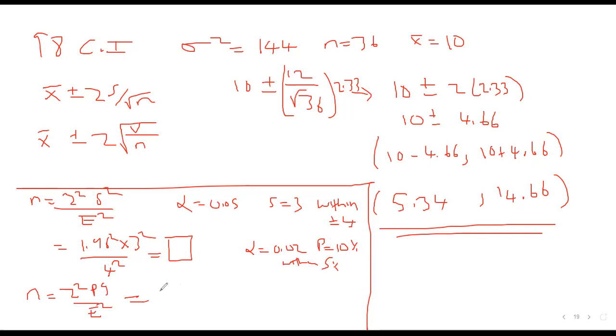So our z is 2.33, our p is 10%, our q is 90%, and our error is 5%, so 0.05. So you put a square here and the square there, and you answer. Are we together so far on what I've explained?